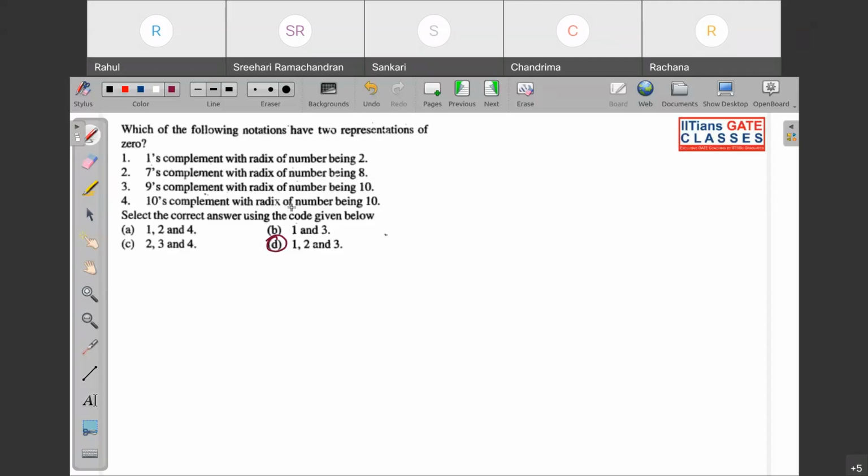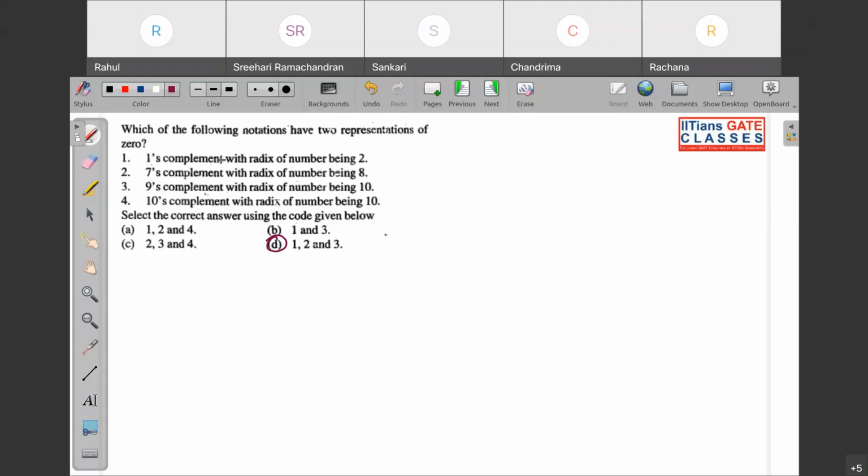Option D, very good. So option D is 1, 2, and 3. Which of the following notations have two representations of zero? Always remember, two representations will be present in your odd complements.